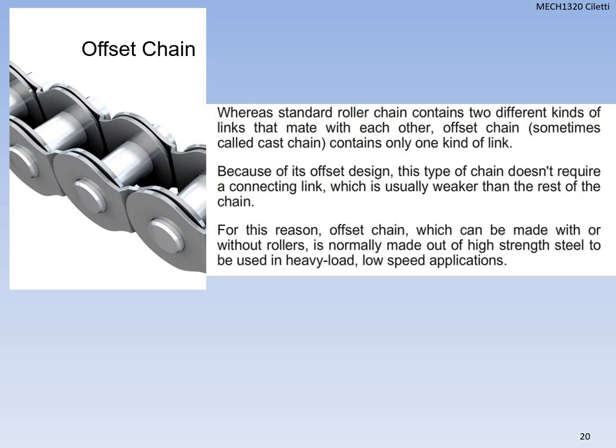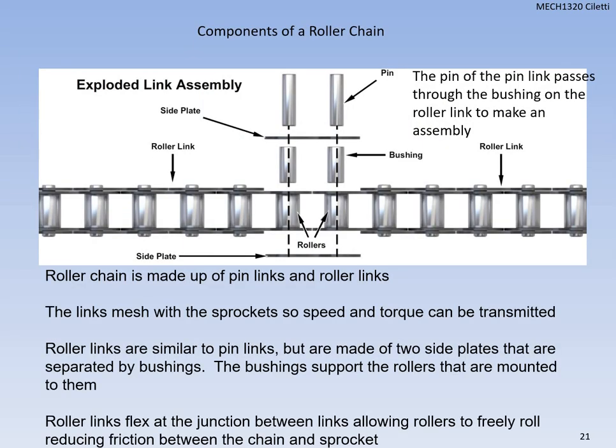Since this offset chain doesn't have that weakness, that's really its advantage, strength. Okay, it can be made with or without rollers, and it's normally made out of high-strength steel, and we use these in heavy load and low-speed applications. Kind of makes sense though, right? Heavy load means more torque. All right, so our speed has to go down when we do these.